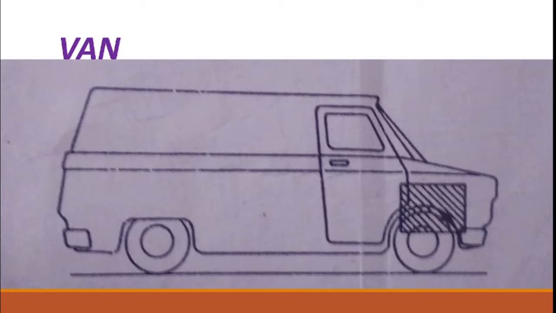Let's now talk about vans, all right? Vans. Now vans, they are strictly for carrying luggage, but the one difference between a van and a pickup is that this area here is a rigid roof all the way to the front, right? The front to the cabin area, and as you can see, there are no separate cabins, right?